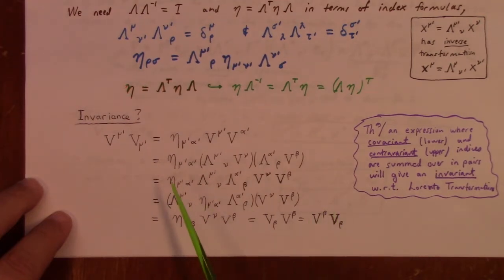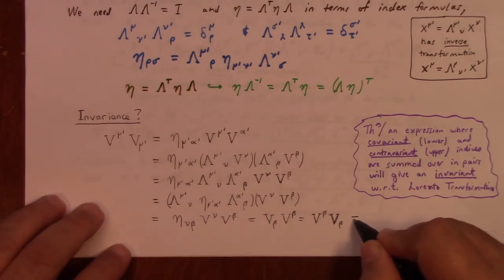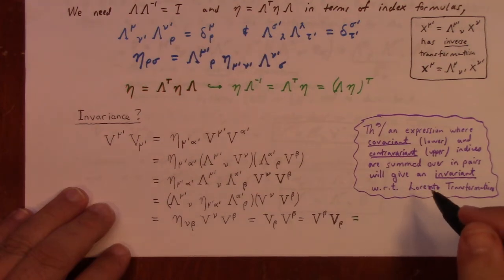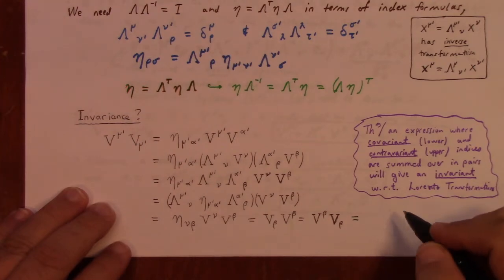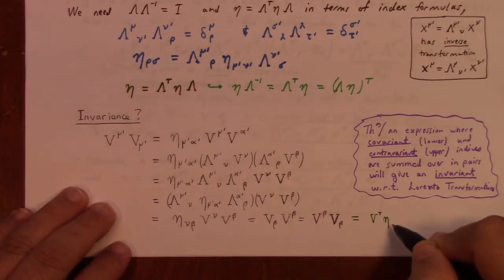My point is that this quantity, when we contract a vector with its index-lowered version, gives us a scalar, all right? And in fact, I would be negligent not to mention that this is exactly what you get from the vector transpose eta times the vector again.